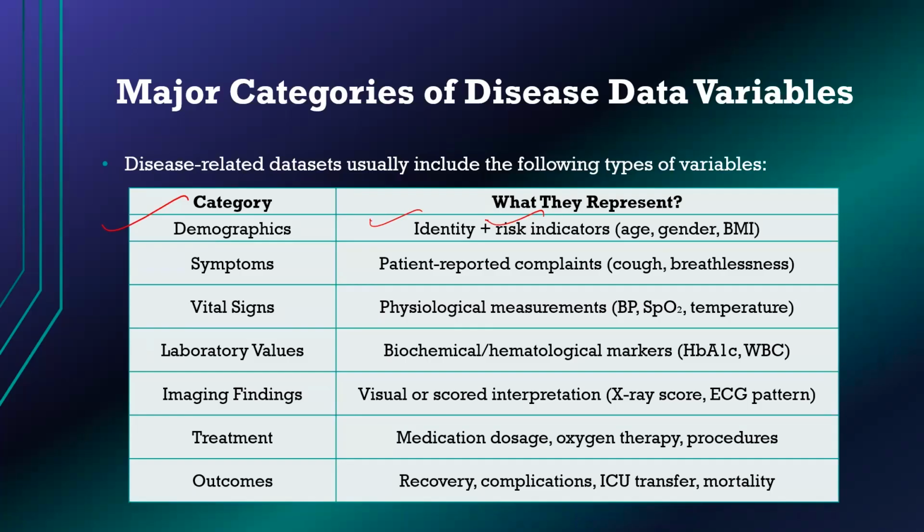And then symptom information: during patient interactions with the doctors, they will tell them about the symptoms they are facing, depending upon what kind of disease they have. And there may be some physiological measurements also that may be followed by the doctors in the OPDs or during clinical appointments.